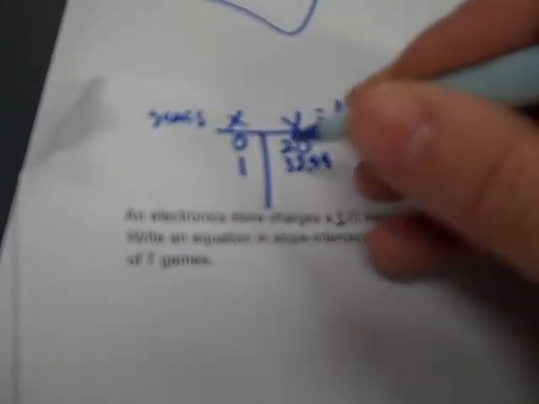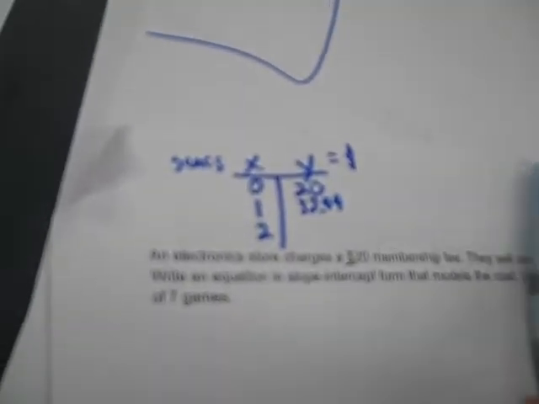And if you buy 1 game, you paid $12.99 more than 20. 20 plus $12.99 is going to be $32.99. Then I have a 2, and I'm going to add $12.99 again because I just bought another game, $45.98. Okay, so I get an idea there.